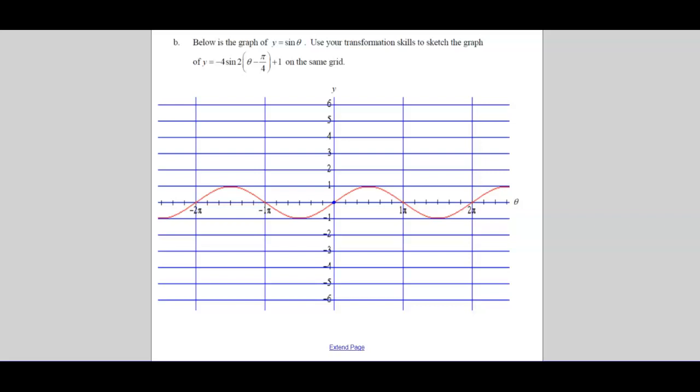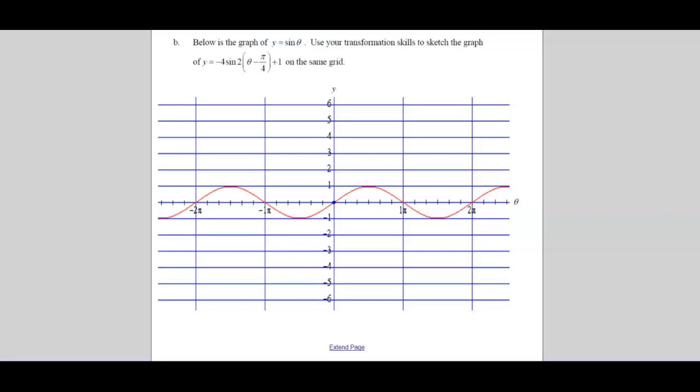We are stretching by 4 vertically, it doesn't change it. Reflecting doesn't change it as well, right? So this is not going to change 0, 0. What changes it will be the translation. Take a look at your grid markings. This is 6 grid markings in pi, so each one of these is pi over 6.